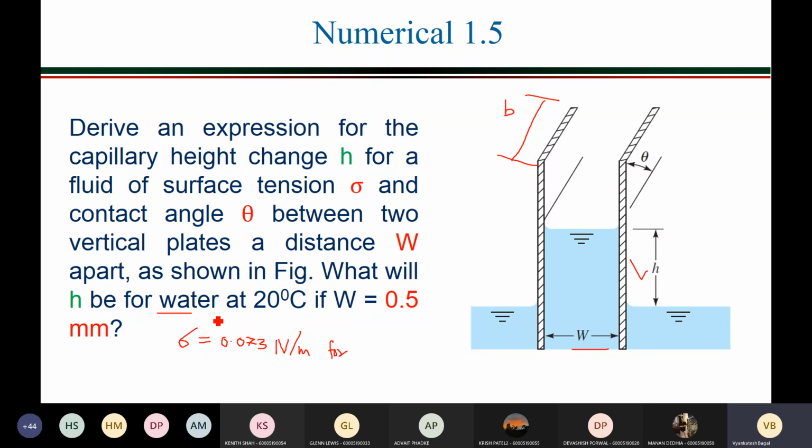As they have given water air interface, you can simply say theta will be equal to 0 for air water interface, we know. And we also know what is theta for the mercury glass interface, mercury air interface.